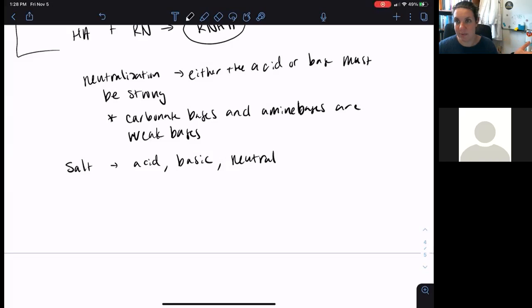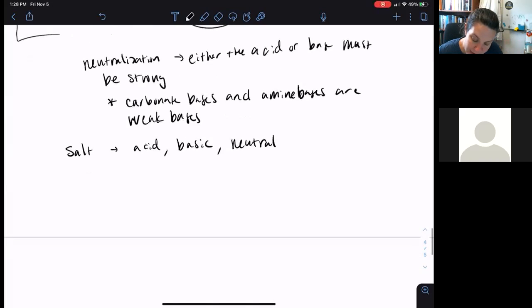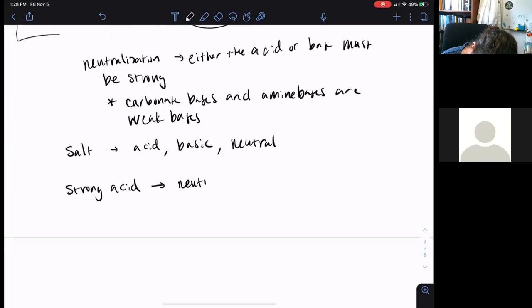We essentially consider them to be non-acidic or non-basic, or neutral. So if we have a strong acid, its conjugate will be a neutral anion. If we have a strong base, its conjugate will be a neutral cation.